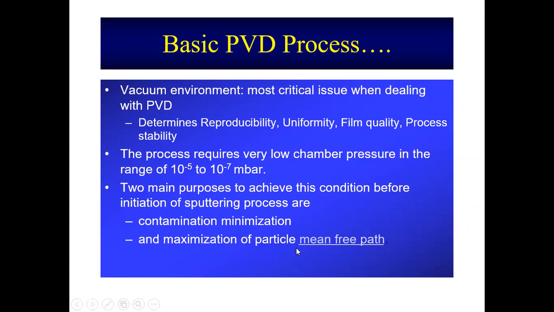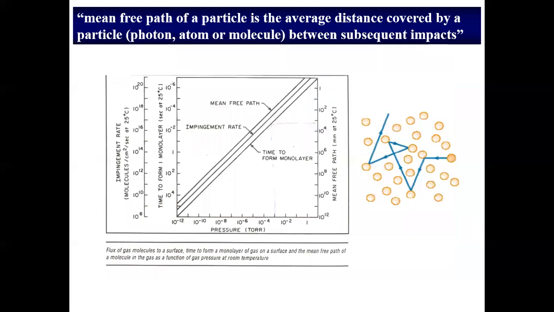The other reason why we want to create a vacuum inside the chamber is the maximization of the particle mean free path. If you have learned about the movement of gas, then you know what mean free path is. The mean free path of a particle is the average distance covered by a particle, whether photons, atoms, molecules, or ions, between subsequent impacts.